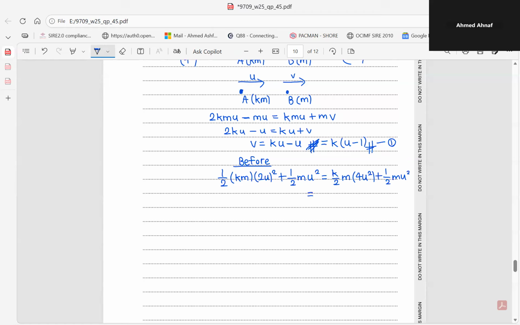So this is going to be 2kmu squared plus half mu squared. So this is equation 2.